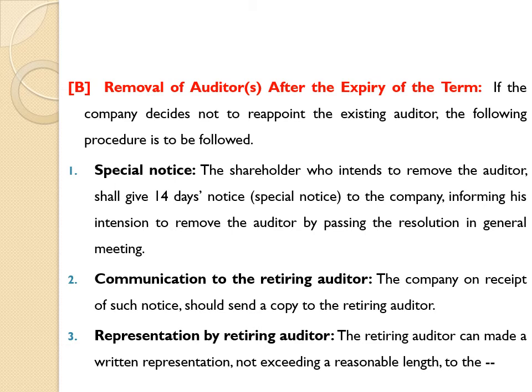But on the other hand, if the company is not interested to reappoint the existing auditor, the under-mentioned procedure is to be followed. Special notice. The shareholder who intends to remove the auditor shall give 14 days notice to the company informing its intention to remove the auditor by passing the resolution in general meeting.